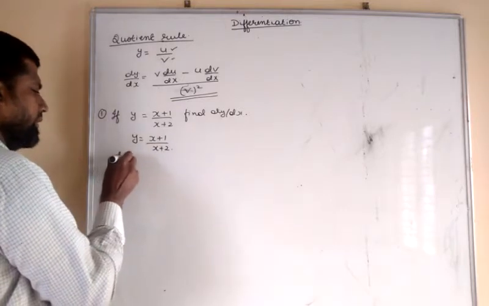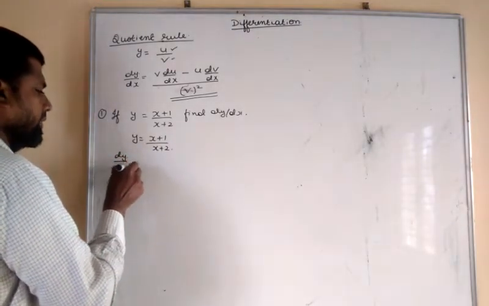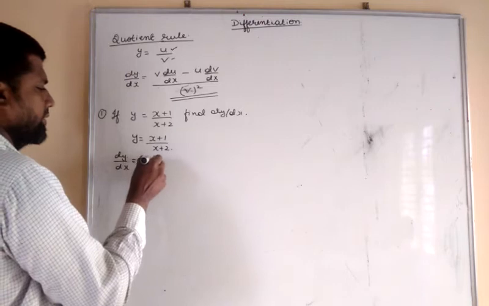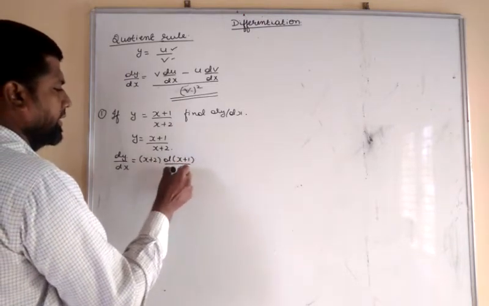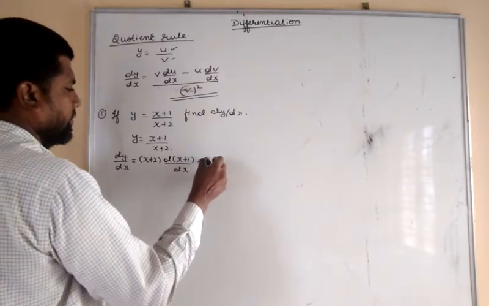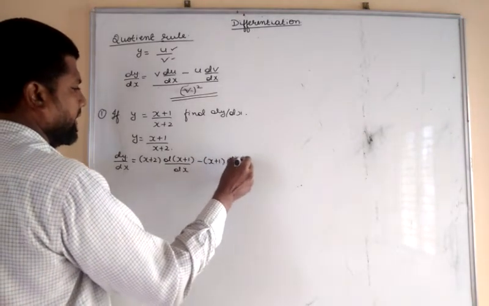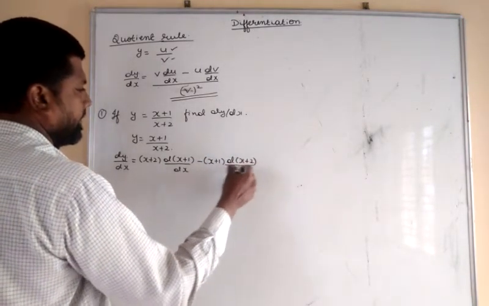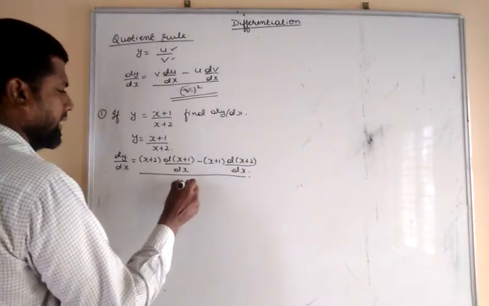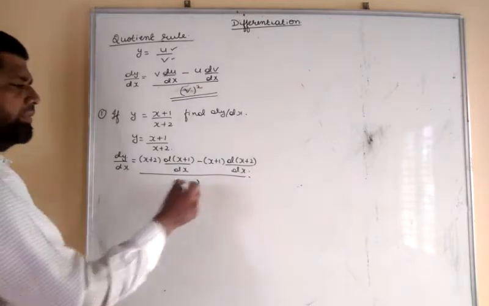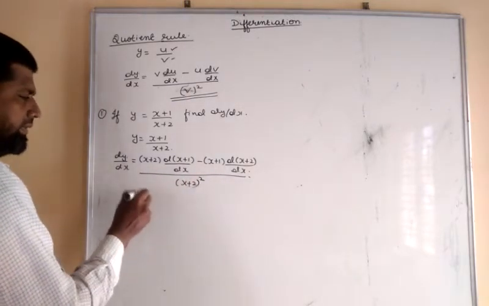Differentiation of y with respect to x, let us apply the formula. Denominator x plus 2 into differentiation of numerator x plus 1, minus numerator into differentiation of denominator, by denominator whole square. We have applied the formula here. Now let us simplify this one.